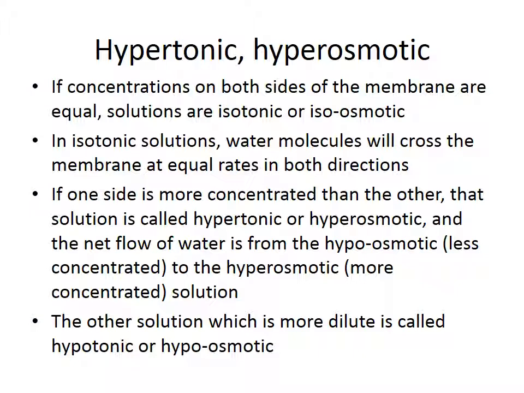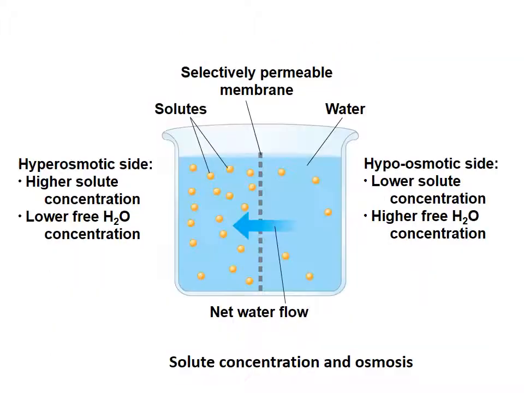If one side is more concentrated than the other, then that solution is called hypertonic, or in some books it's written as hyperosmotic. And then the net flow of water is from the hypoosmotic, which is less concentrated, to the hyperosmotic or more concentrated solution. The other solution, which is more dilute, is called hypotonic, or in some books, hypoosmotic.